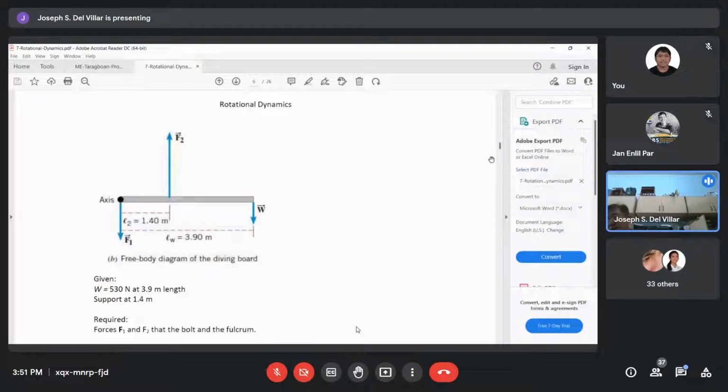Kung ayaw nyo naman, you express F2 in terms of F1. So meron naman kayong choice, no? Whether you solve for F1 and express in terms of F2, substitute sa vertical equation, and then give me the results and compare your results with the previous results we obtained.